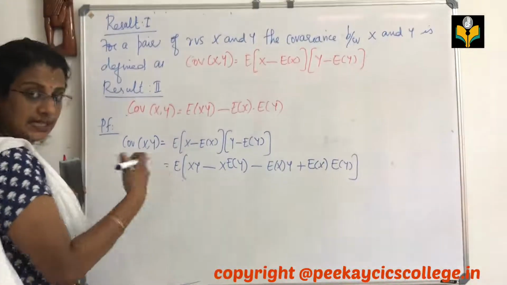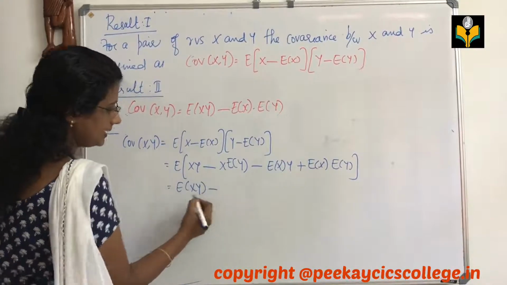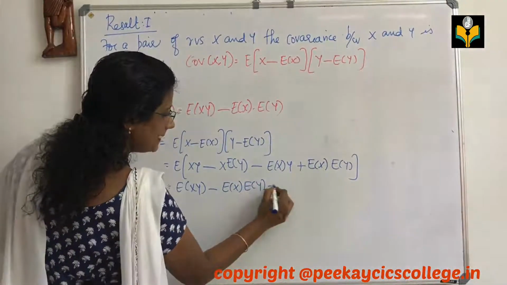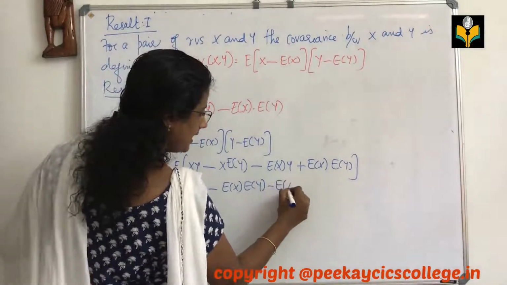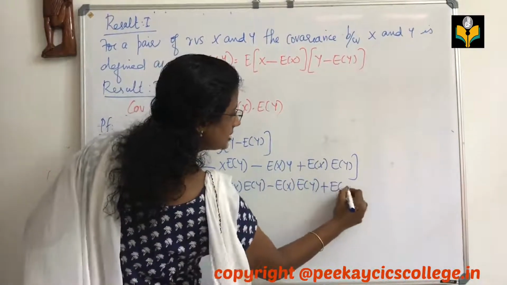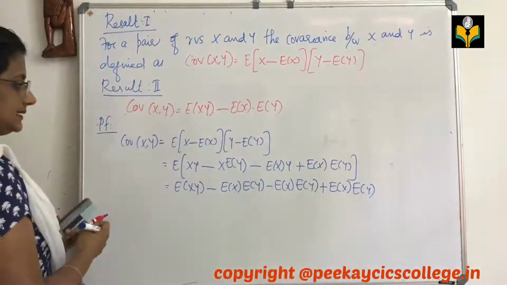Okay, then expectation can be taken inside: expectation of xy minus expectation of x into expectation of y minus expectation of x into expectation of y plus expectation of x into expectation of y. We can cancel these two terms.